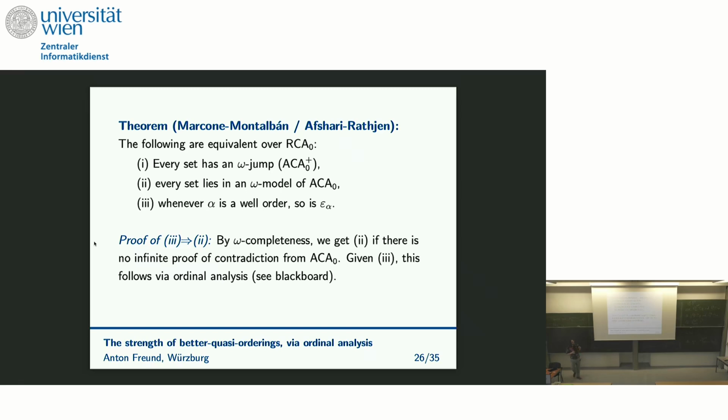So it turns out that using the ordinal analysis of PA directly is not what we need here. We really need an ordinal analysis for ACA_0 itself, so in a second-order language. And the crucial rule in that ordinal analysis of ACA_0 looks like this.